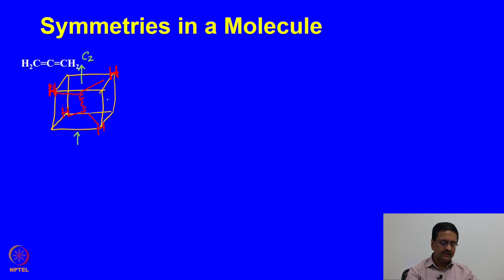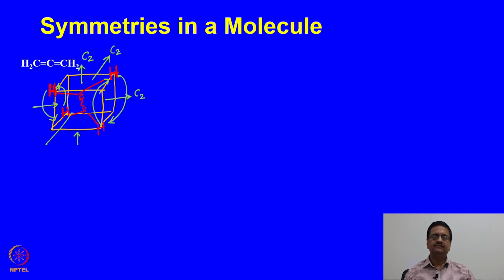There is another two-fold axis passing through the midpoint of these 2 parallel faces, which brings that hydrogen down here, and this hydrogen goes there. Similarly, that hydrogen comes here and this hydrogen goes back there. Similarly, there is a two-fold axis passing through the center of the front and back surface, and that is the third C2 that you have.